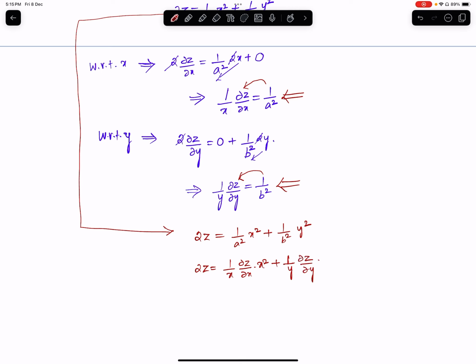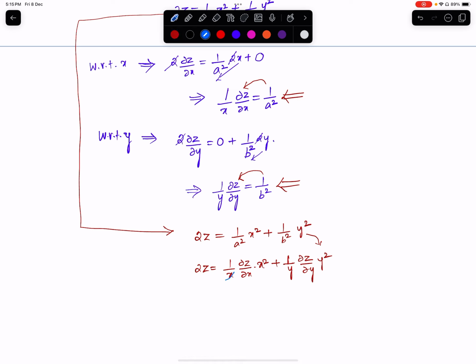Then in this place we have y square, so I just copy it. In this step, I think we can cancel 1 x as well as 1 y. And I am going to write the remaining x in the front, the remaining y in the front.